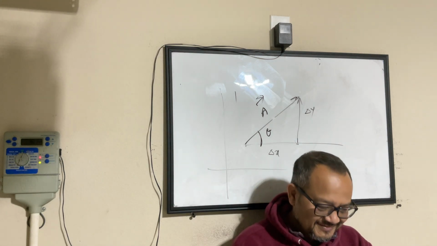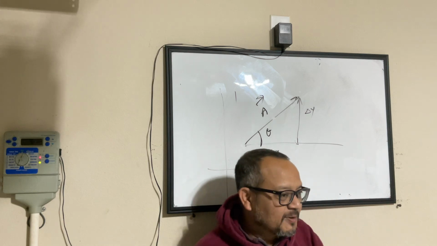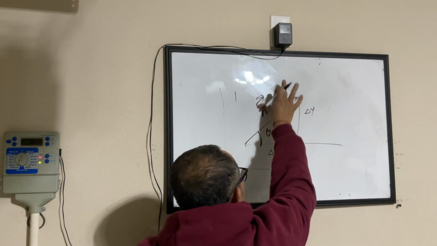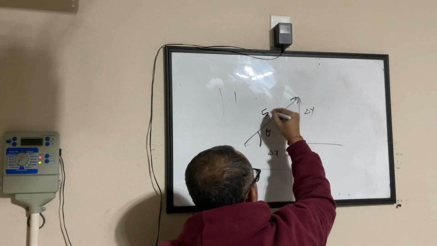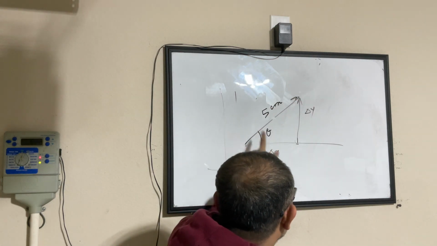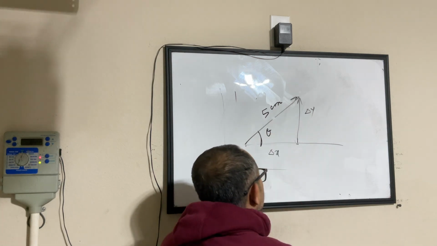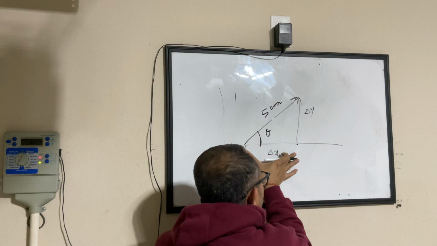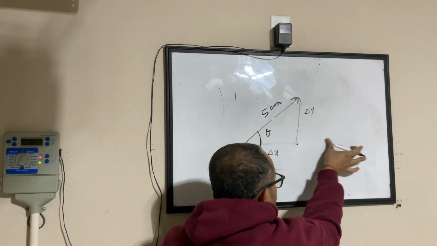Yes or no? I'm not putting you on the spot. I'm just trying to get a sense. Let's say somebody says this is 5 centimeter, the magnitude of this vector, and it makes angle theta. Can you find out the x component and the y component of this vector?